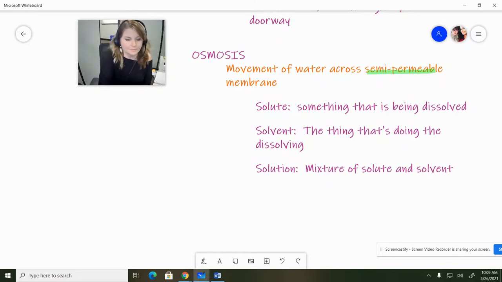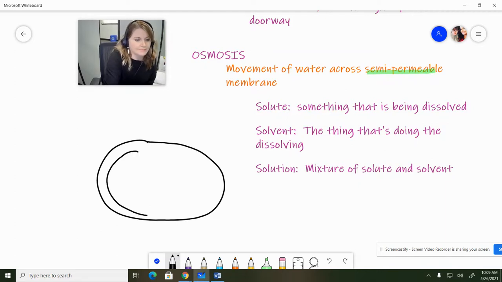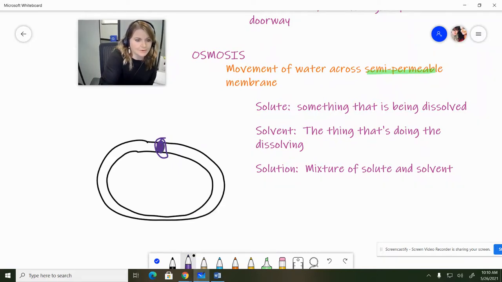So, let's have our cell again. Pretty beautiful. And then if I put in here one of those protein doorways, I can make this fatter so that it colors better.